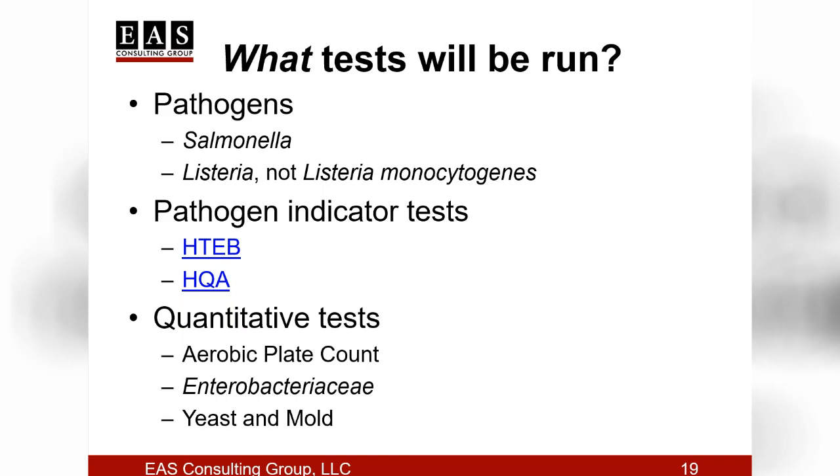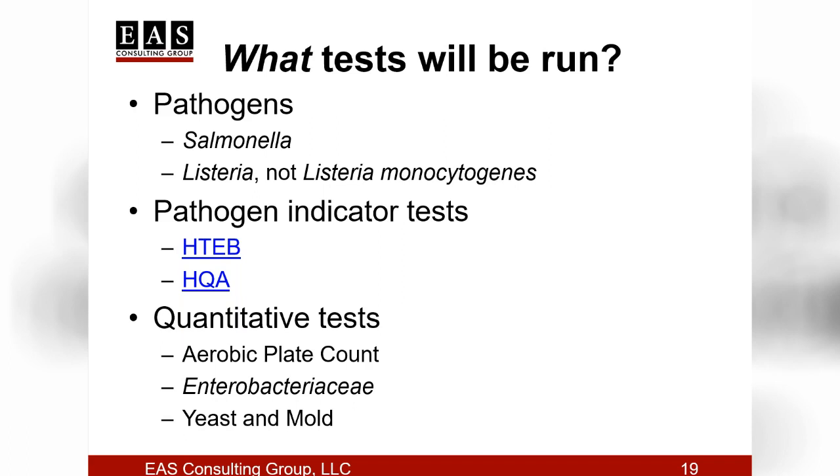So up above in the pathogen list, I have do not test for Listeria monocytogenes. In the case of testing for Listeria from a food contact surface, you can have your lab just stop at Listeria and not confirm all the way out to Listeria monocytogenes for a project like this.